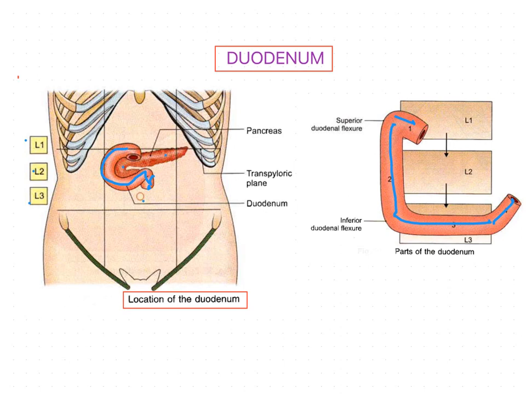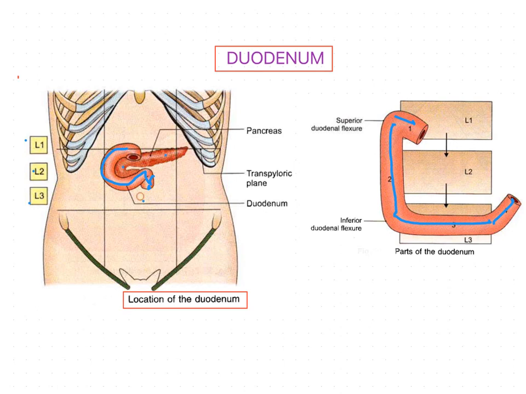The superior part is about 5 centimeters or 2 inches long. The descending part is 7.5 centimeters or 3 inches long. The horizontal part is 10 centimeters, and the ascending part is 2.5 centimeters. So these are the parts of the duodenum.